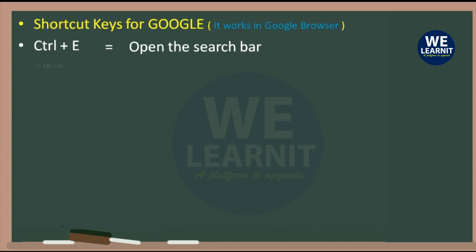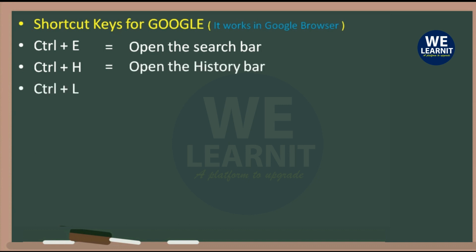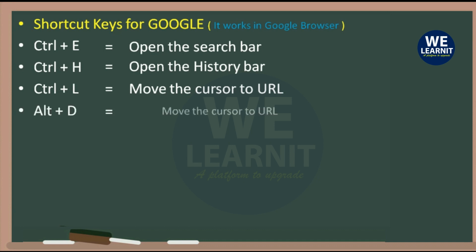The second one, Control H, and this key we can use to open the history bar. And the Control L, this one we can use to move the cursor to the URL. And Alt V we can use to move the cursor again to the URL where we type a particular address of a particular website.